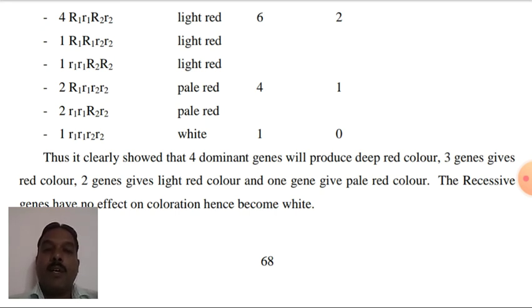And when multiple factor or multiple gene involvement is there, which is given by Nilsson-Ehle, we can observe a ratio of 1:4:6:4:1. So different color shades are observed in the F2 generation: dark red, then red, light red, pale red, and the last one is white. So the ratio is modified to 1:4:6:4:1 in the F2 generation when the multiple factor hypothesis operates.